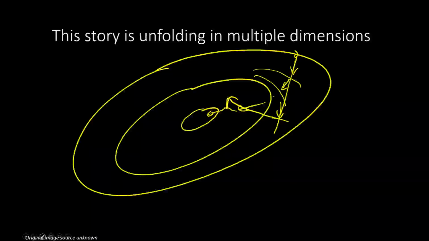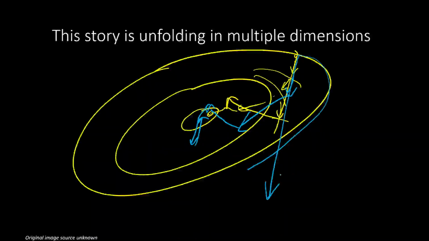For large steps, if our eta is large, we will be bouncing around until we reach the bottom. And if eta is too large, we might go so far out that we go outside this contour and actually diverge. We will increase the loss value or the function value, and that is also not desirable.